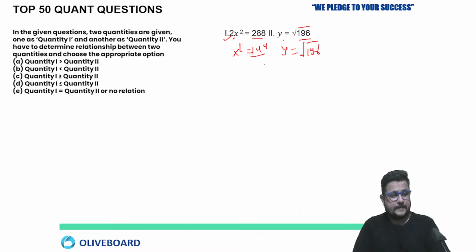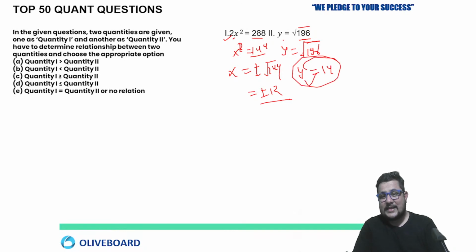Think once before answering. See, when x square is there and you put the root, plus minus will come here. 144 means plus minus 12. Here the square root is already given as positive, so y equals 14. So in this case y is greater than both values of x, positive and negative.